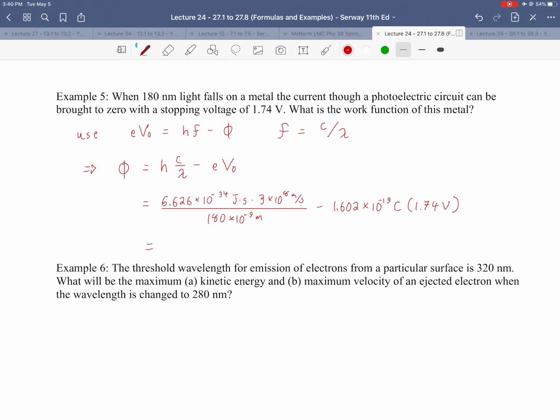That gives us a work function of 8.26 times 10 to the negative 19 joules. That's our answer, and it's fine to leave it in joules unless I explicitly ask for it in another common unit that we've started using. That's the unit of electron volts.